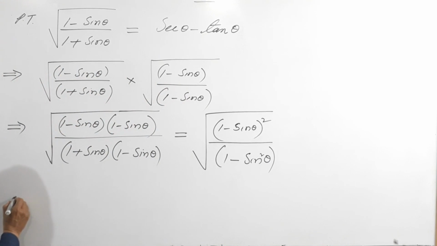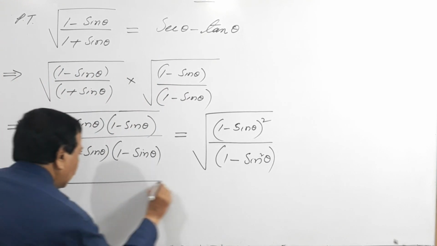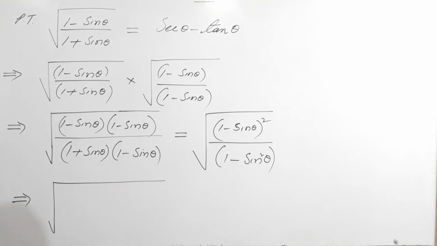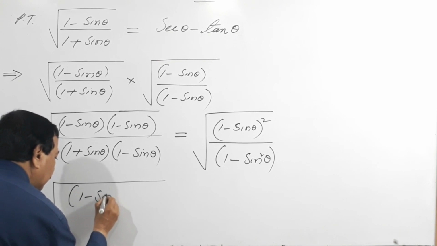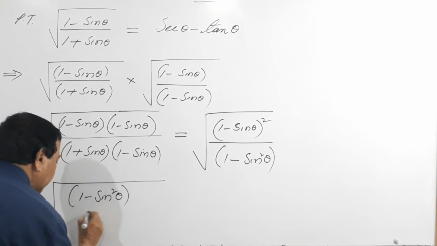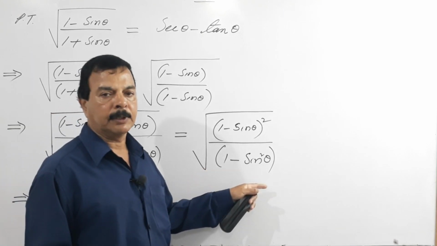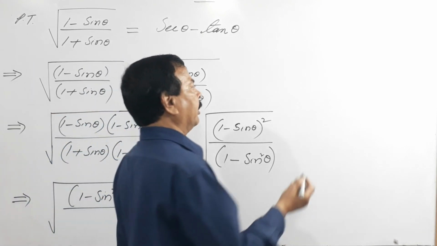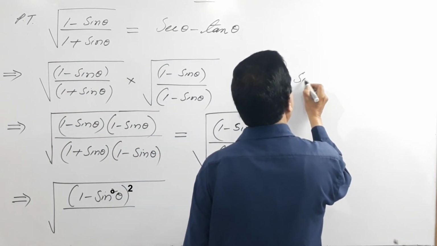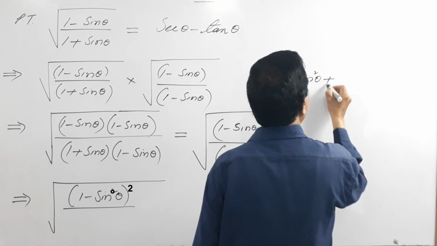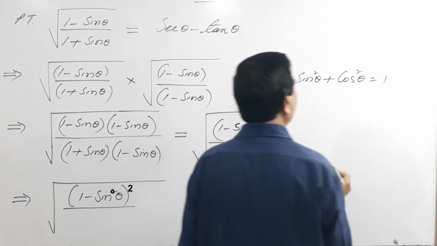Done. So this is again equals to brackets 1 minus sin square theta divided by, what is 1 minus sin square theta? 1 minus sin square theta is cos square theta. We have trigonometric identities. In that, sin square theta plus cos square theta equals to 1.